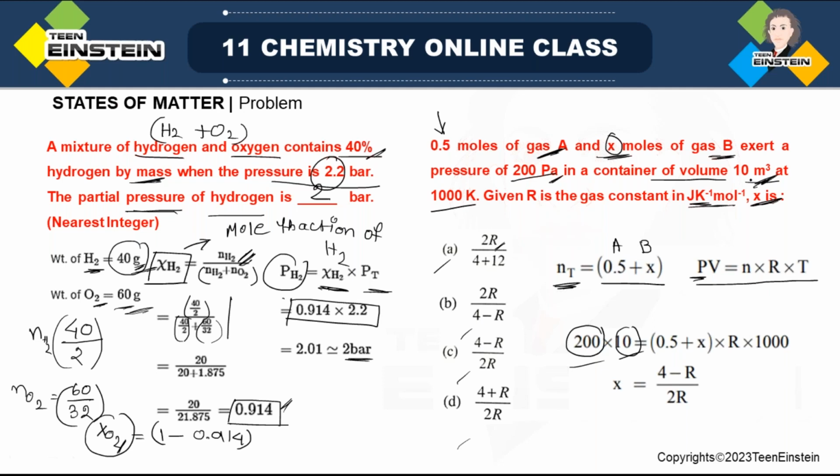So if volume is given in liter, you have to change it to meter cube, otherwise it will be wrong. But here it is directly given in meter cube, so we don't have to convert it. Fine. And here N is basically N total, because we have a mixture. R we will not put any value because the result will be in terms of R, and temperature is 1000. So from this calculation we can find the value of X, which is this one. So option C will be the correct option.